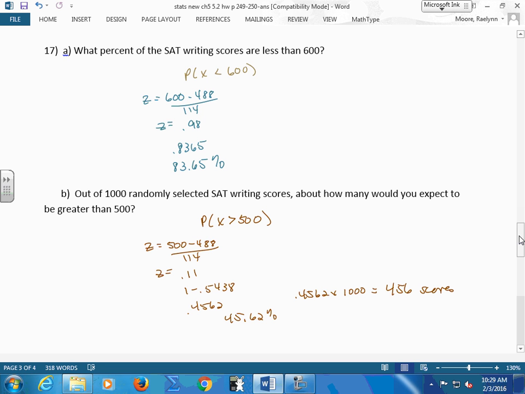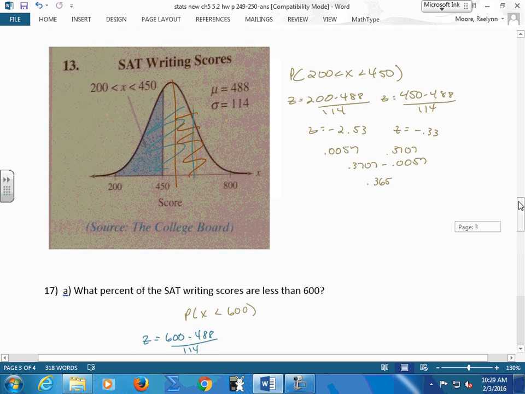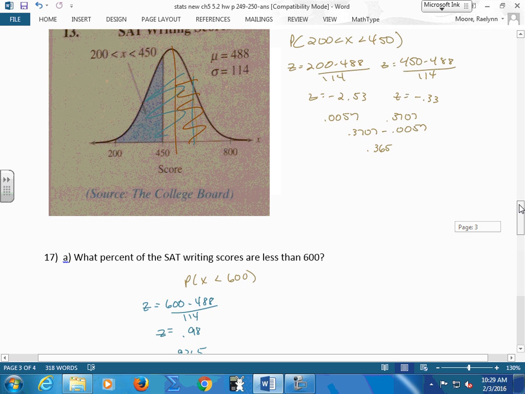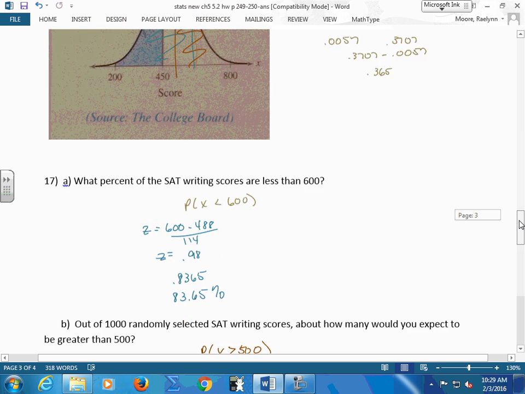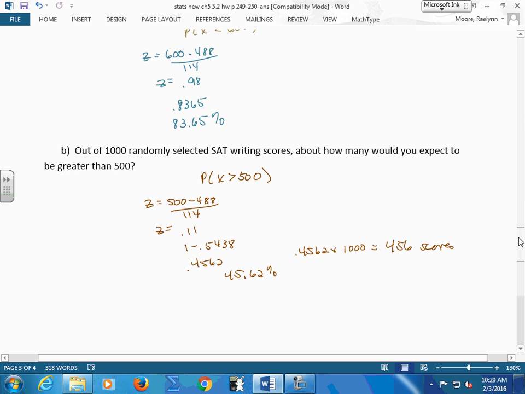We use the mean, the standard deviation, we find our z-score. Again, did this go to this chart? It went to this chart. So less than 600, we're above the mean, so our z-score has to be positive. We find to the left, we find our area, and then we use this for forecasting, for predictions.